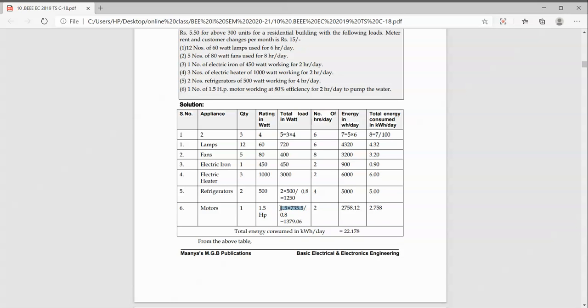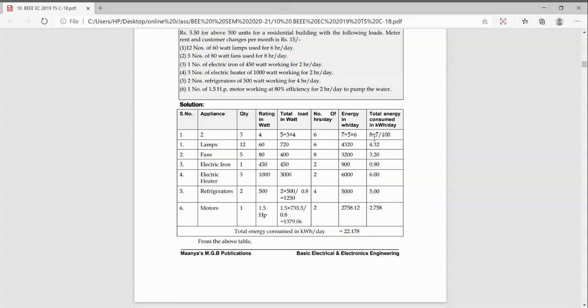This is the actual wattage, and this 1.5 HP motor is working at 80 percent efficiency, so divided by 0.8 we get 1379.06 watts. This multiplied by 2 hours gives 2758.12 watt hour. Converting into kilowatt hour, we get 2.758 kilowatt hour. For explaining, I'm directly taking these values, but this will be changed.